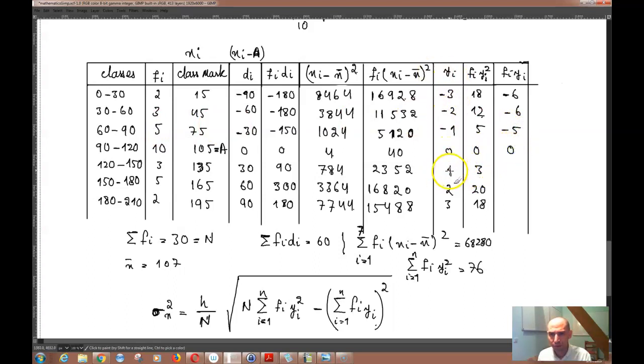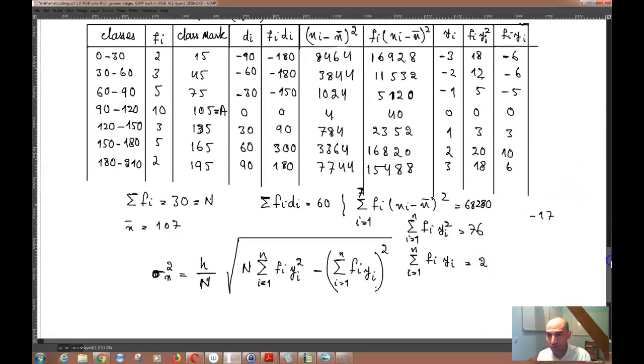That's a 0. That's 1 times 3 is equal to 3. 2 times 5 is equal to 10. 3 times 2 is equal to 6. And sigma f of i, y of i, as i goes from 1 to n, is equal to, that's negative 17, and over here you have positive 19, so 19 minus 17 is equal to 2.